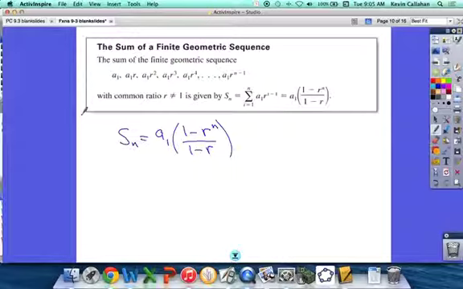You're never going to get one of these where you don't know the last term, so you have to take a side step to figure it out. Now, the problem with doing this is sometimes this calculation can get kind of hard. But if you put it in the calculator correctly, then it should work.